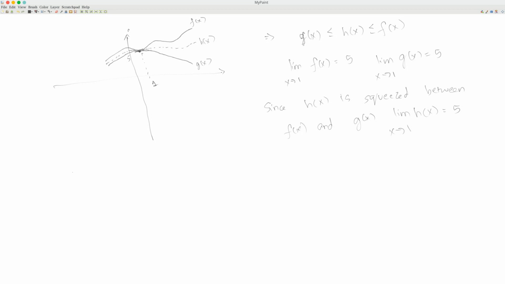As an extension of the previous properties, limit x approaches a, if you recall, f of x raised n is simply limit x approaches a, f of x raised n. So simply put, we use this property, limit x approaches a, x is simply a, therefore limit x approaches a, x raised n is simply a raised n.